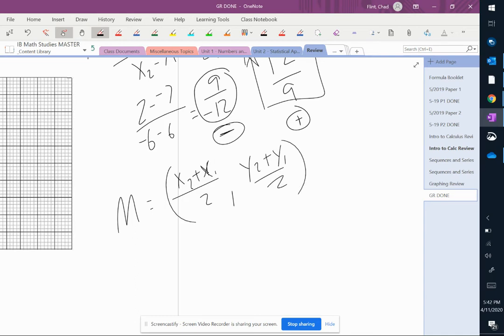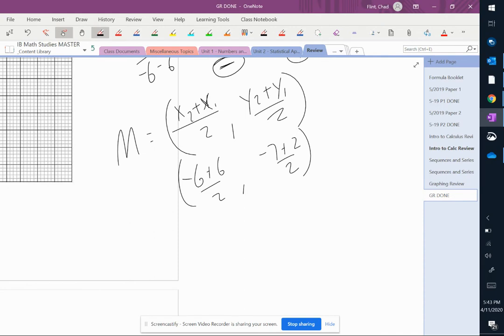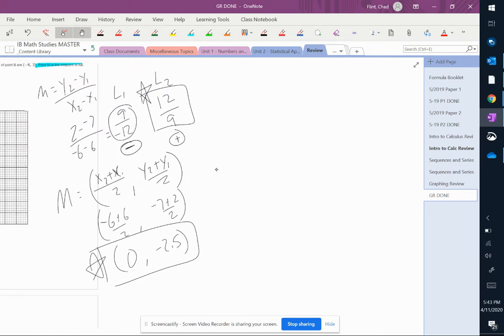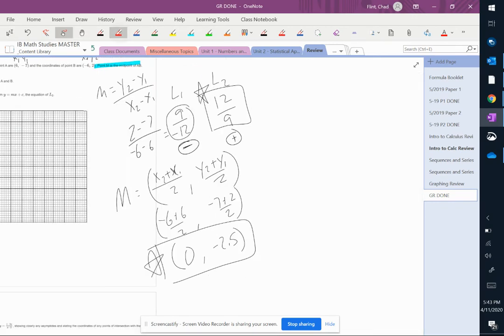So that's going to be -6 plus 6 over 2, and then -7 plus 2 over 2, which is 0 and -2.5. You put that right in the calculator. So my line is going to go through this point with this slope.